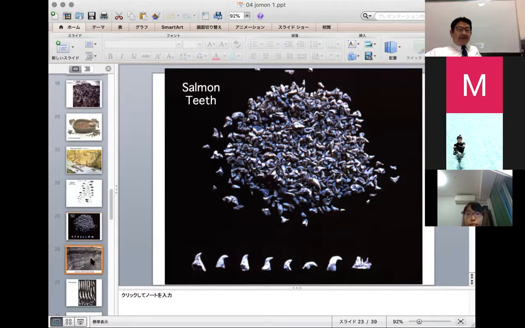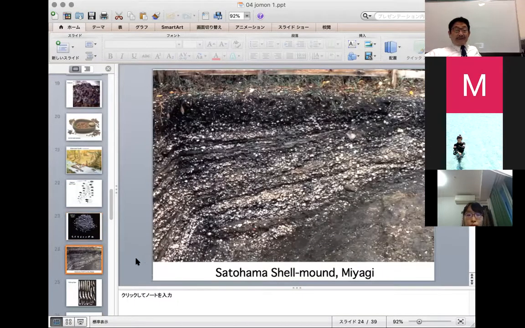And as you see, this is an example of a shell mound cross section. You see the layers and layers of the shell. And along the coastal area, shellfish were one of the major foods that they could acquire easily, especially in spring to summertime.